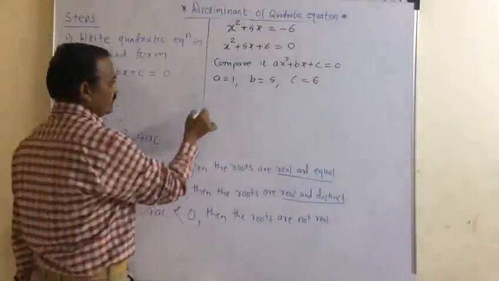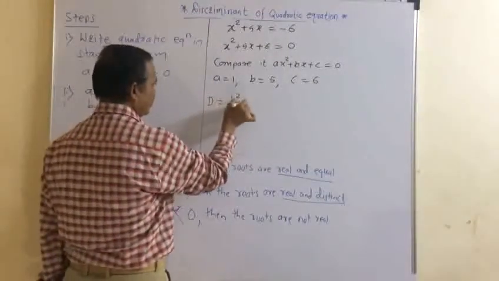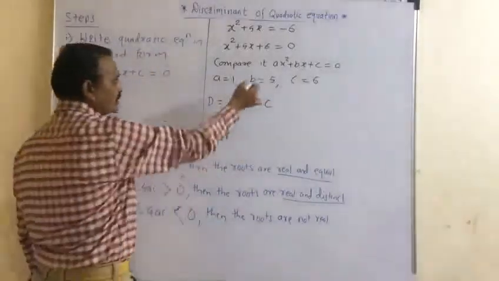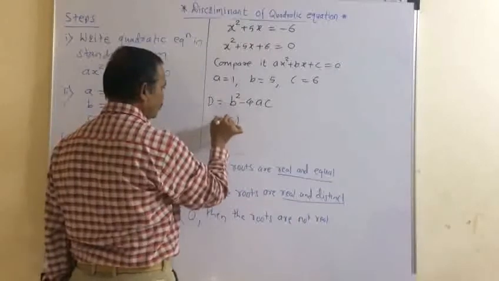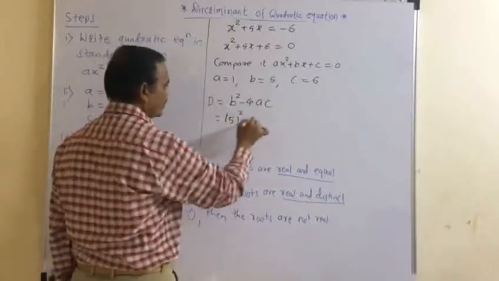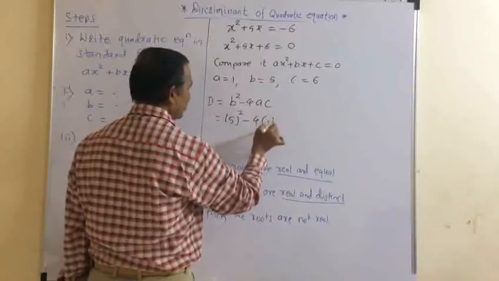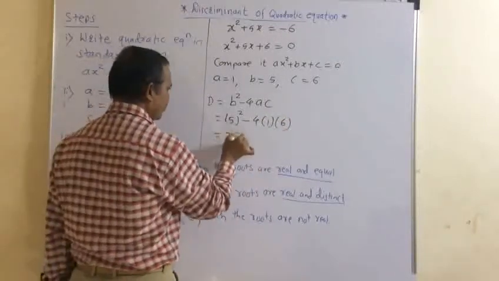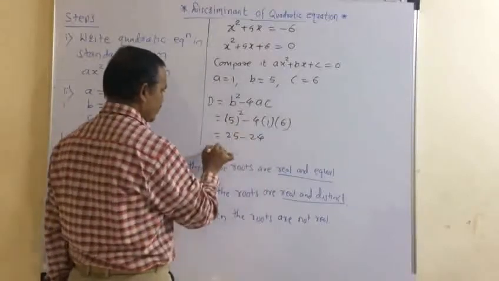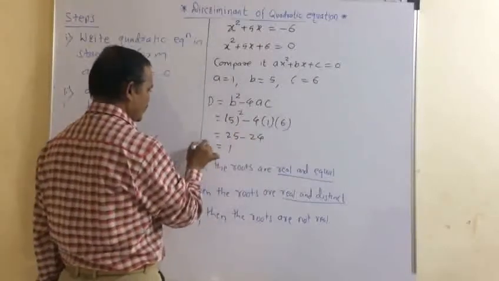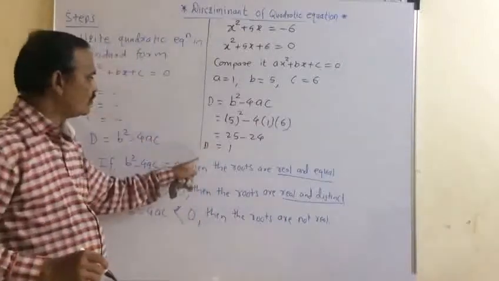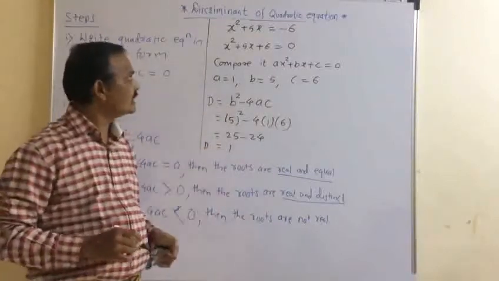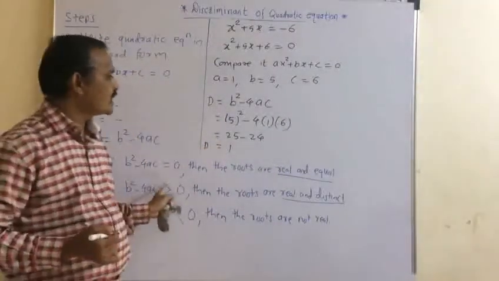Now, for the third step, we find the discriminant b square minus 4ac: 5 squared minus 4 times 1 times 6. Here we simply get 25 minus 24, equal to plus 1.